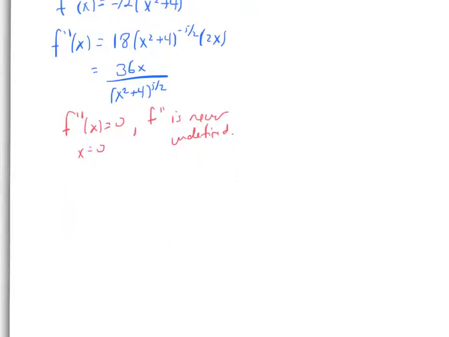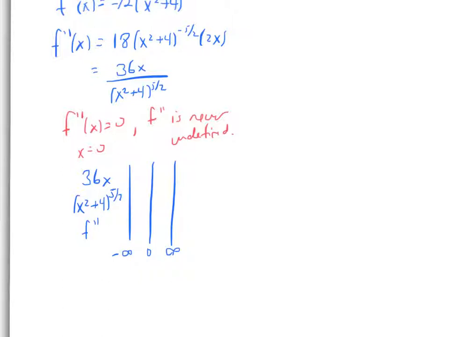So we'll set up our sign chart, 36x, second derivative, and we're going from negative infinity to 0 to infinity. So negative positive, positive positive, negative positive. So we do have a point of inflection.